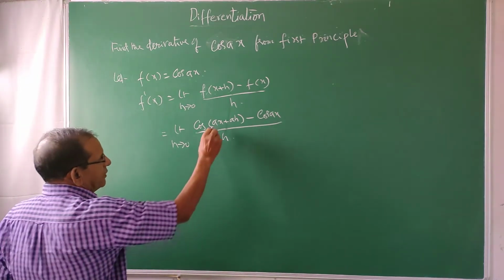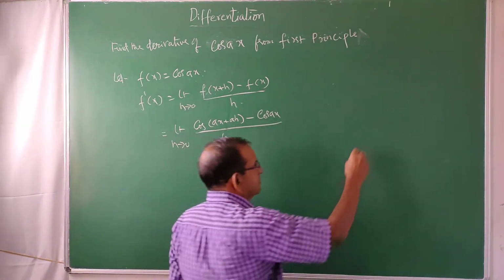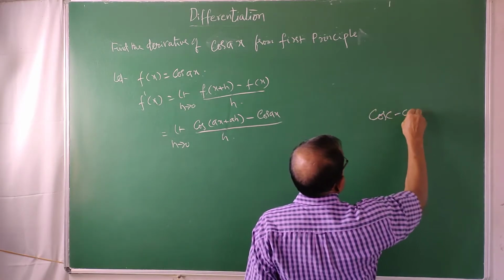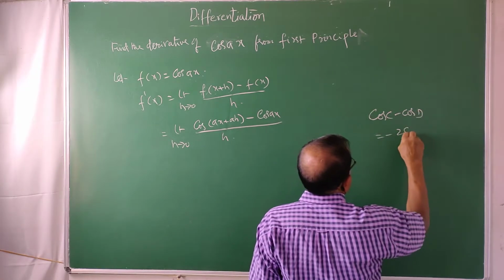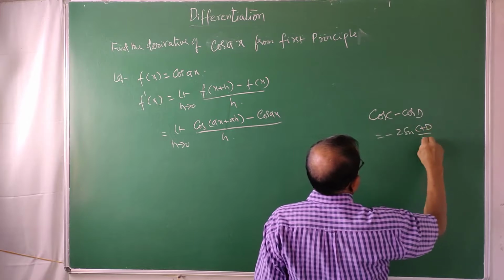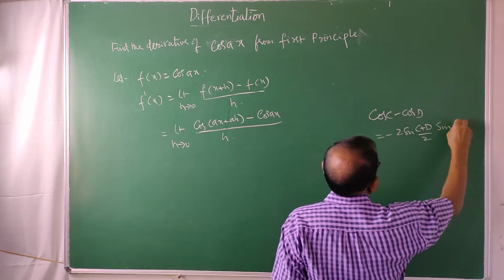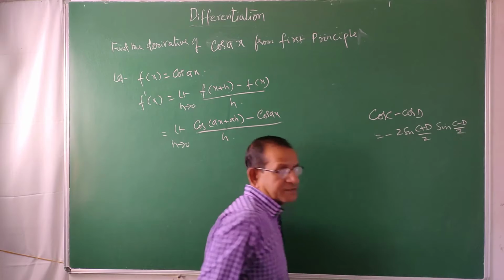Now you have to apply cos c minus cos d. Cos c minus cos d is minus 2 sin (c plus d) by 2 into sin (c minus d) by 2, both are sines.